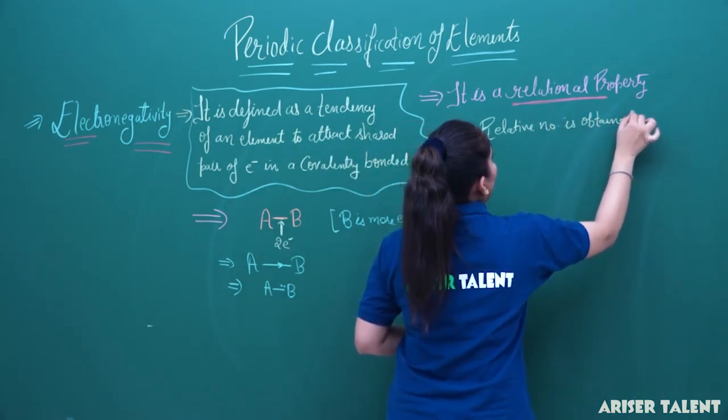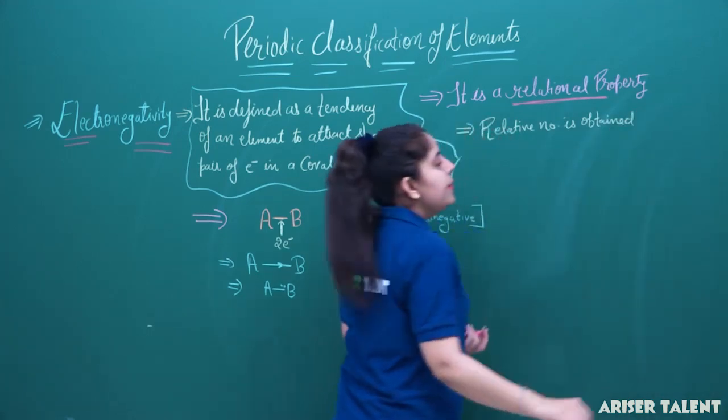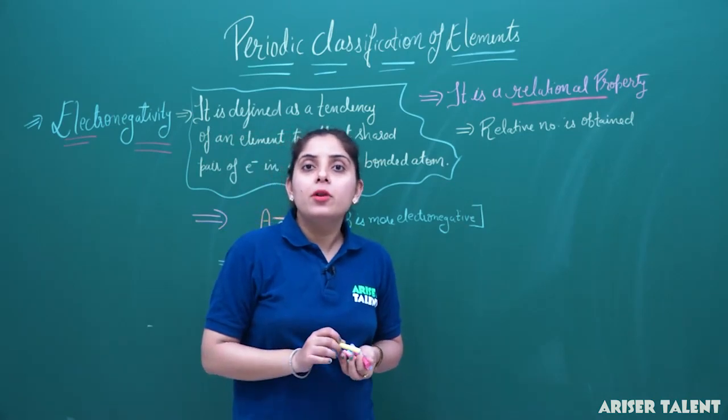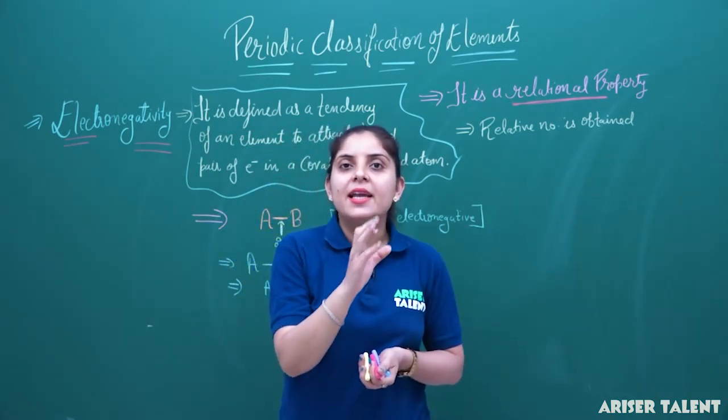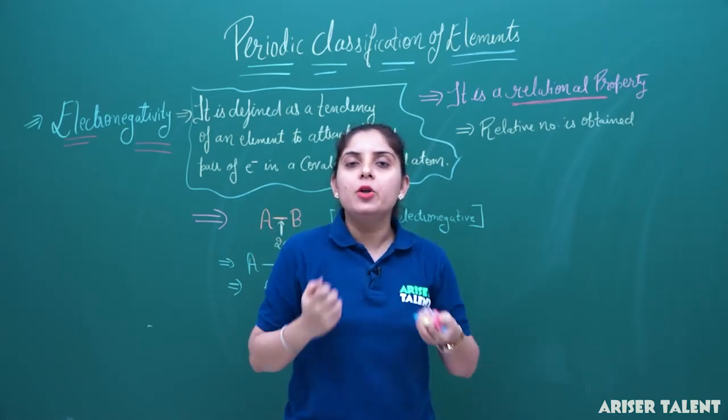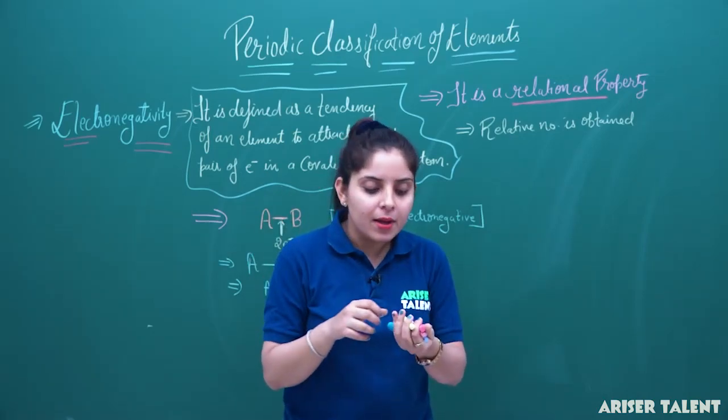Electronegativity is basically determined by the Pauling scale, and this Pauling scale has a magnitude range from 1 to 4, so it can identify the electronegativity of a compound.